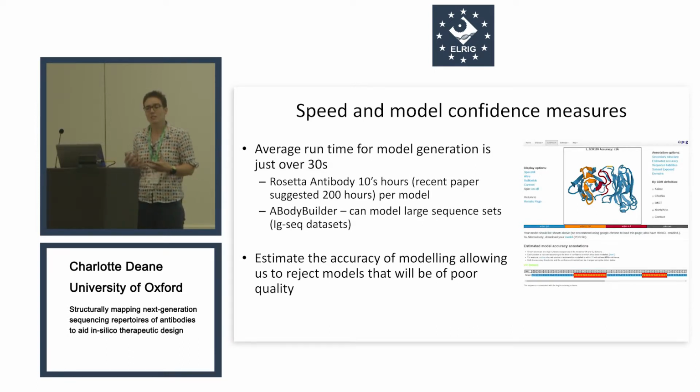If you're modeling hundreds of things or thousands or millions of things, this means you can choose to not model the stuff you will model badly. In other words, don't use that. In much the same way you would say, if I can't run this experiment, I'm not going to do it. So here we're saying, I can not only model very fast, I can choose to only model those things I believe I will get good results for. And that combination allows you to think about modeling very large data sets in very clever ways.